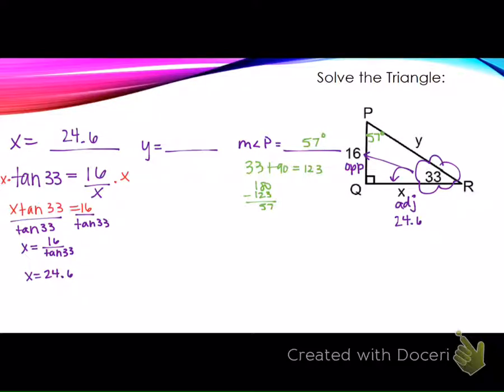How can I find y? There's multiple ways we can find y. How are we going to do it? Cole, how are we going to find y? You could use sine. Okay. So sine is opposite over hypotenuse. So I'm assuming you're using angle 33 again. Am I right with that? So we can do the sine of 33 equals 16 over y.